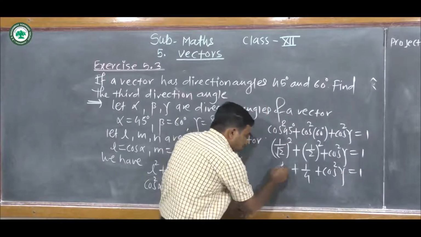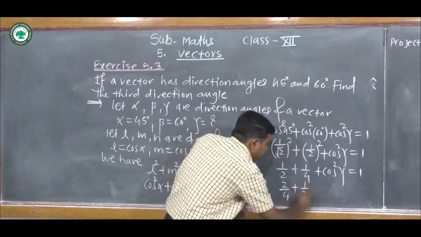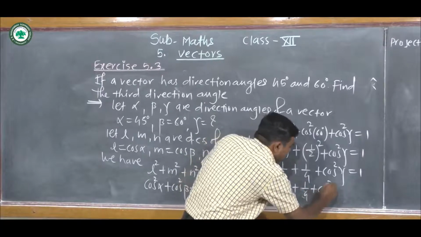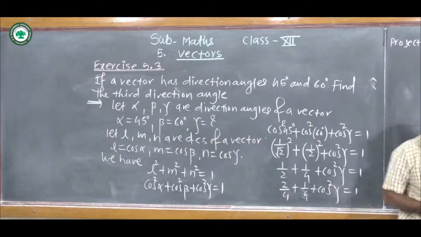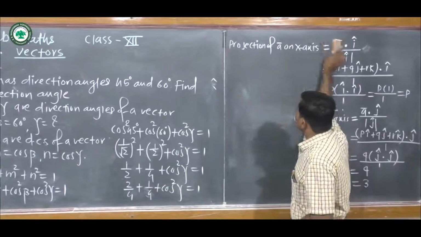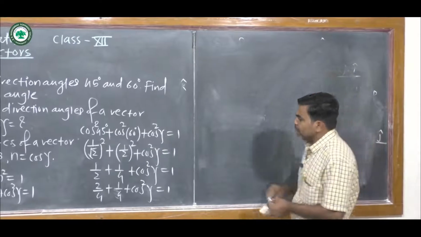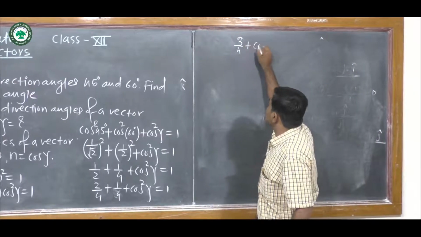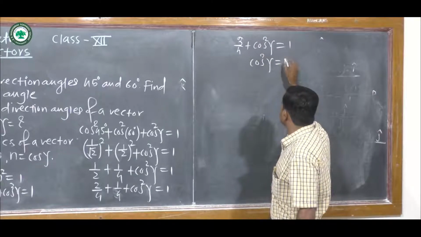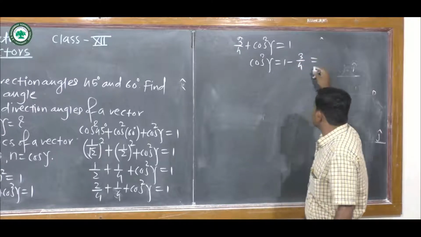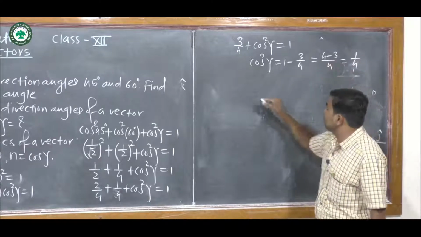Make the denominator same: 2 by 4 plus 1 by 4 becomes 3 by 4. So 3 by 4 plus cos square of gamma is equal to 1. So cos square of gamma is equal to 1 minus 3 by 4, that is (4 minus 3) by 4, that is 1 by 4.